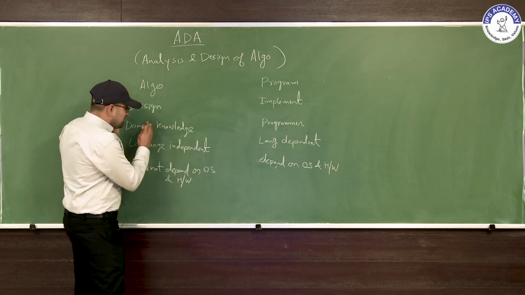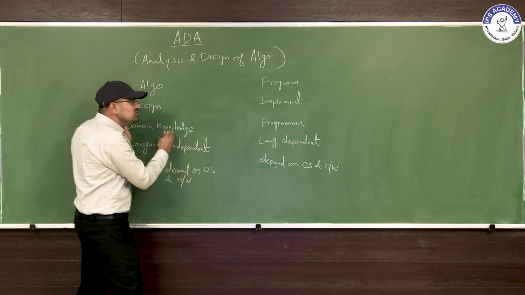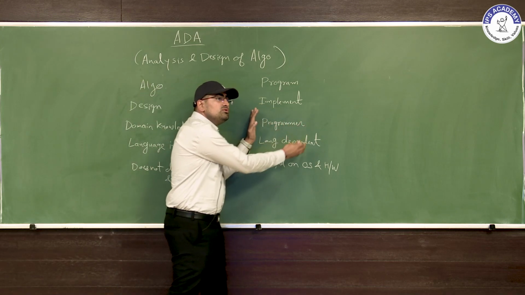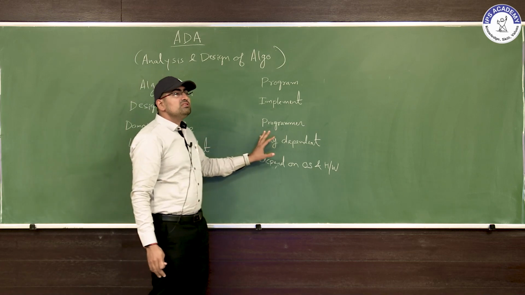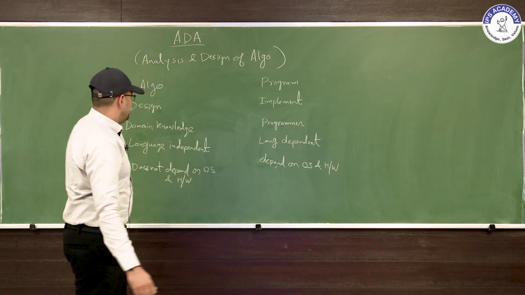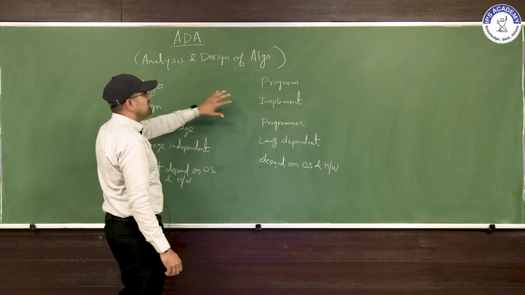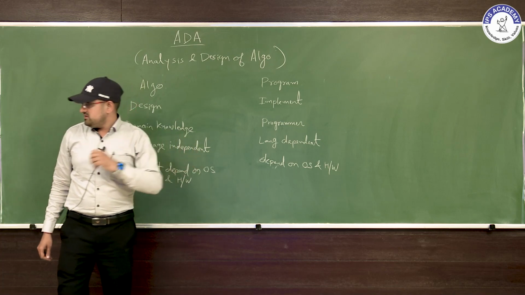A program depends on the language being used, while an algorithm doesn't depend on the language being used. An algorithm doesn't depend on the hardware or software, while a program depends on the hardware or software being used, right? So these are the differences between algorithm and program, okay, right? So I think it is clear to you.